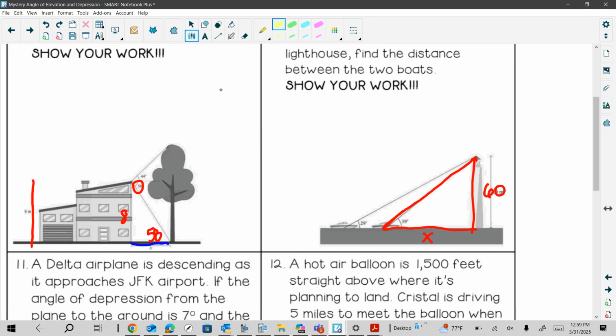But for the 29, I'm going to make it the whole triangle, down and then all the way across.